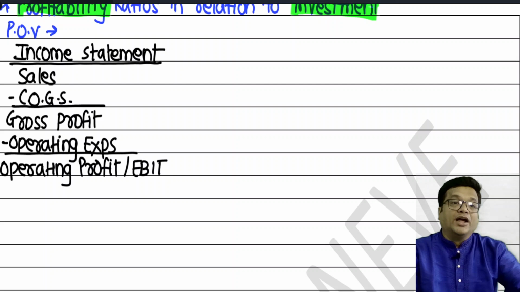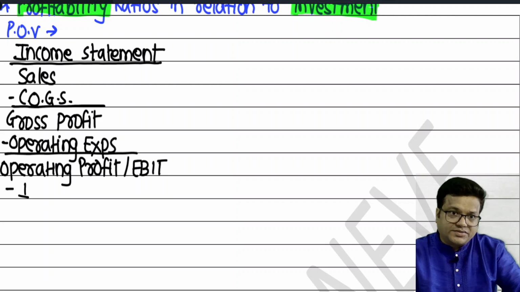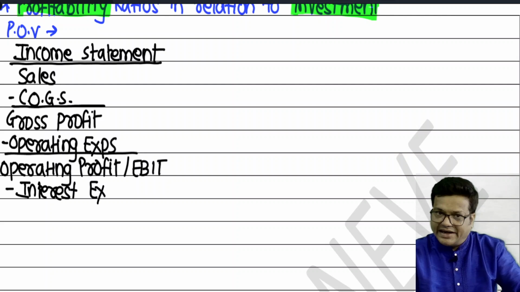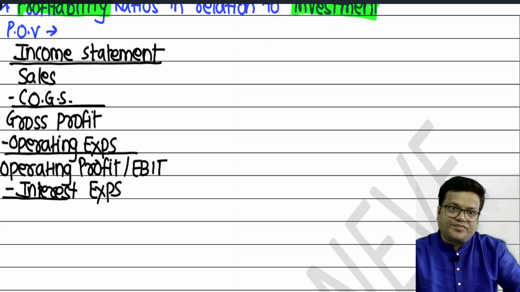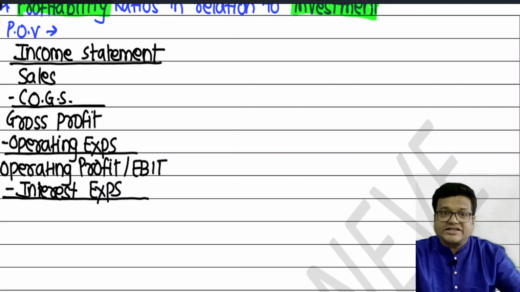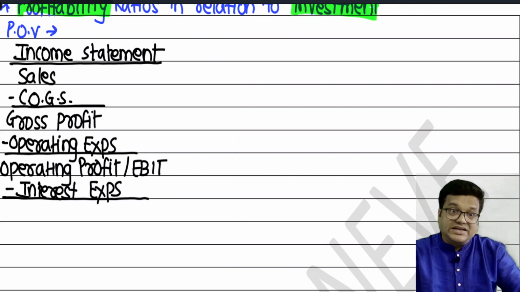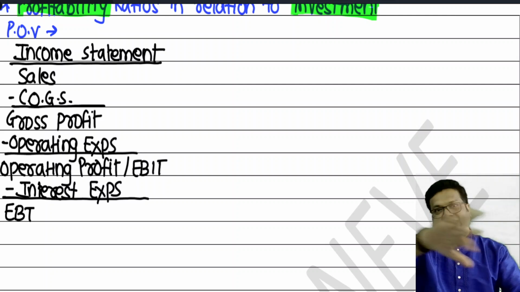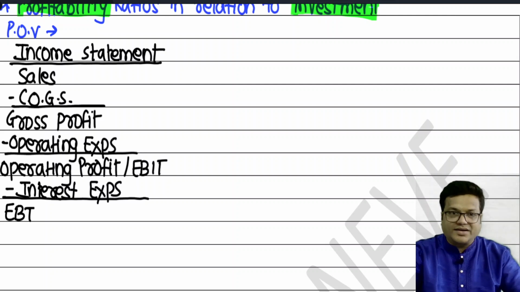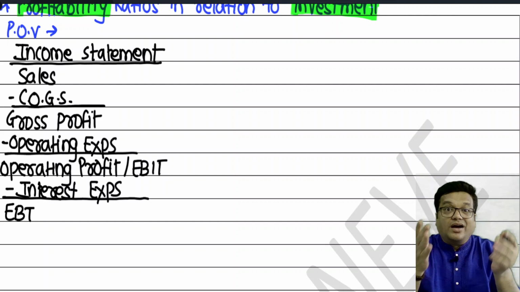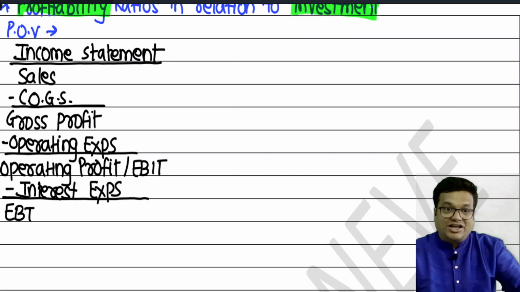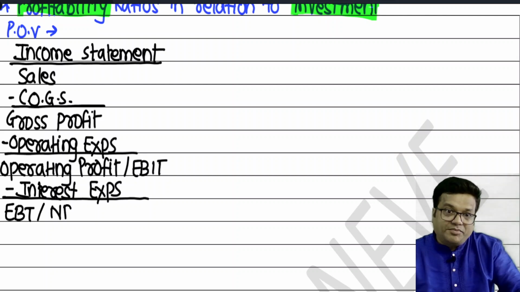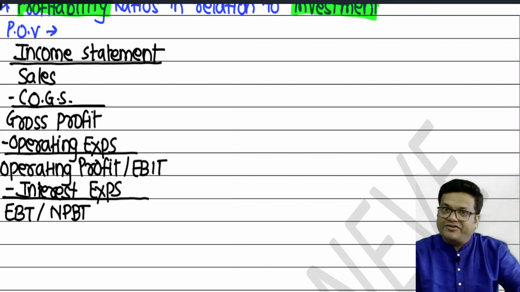Correct, friends? From this, what we deduct is our interest expenses. After deducting interest expenses, what we get is EBT, because earlier it was earnings before interest and tax. Now that interest has already been deducted, it's EBT. What is that? Earnings before tax, which you can also call NPBT. Correct, friends?